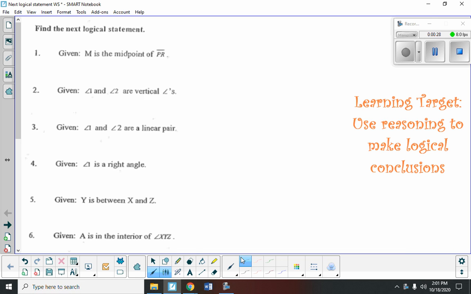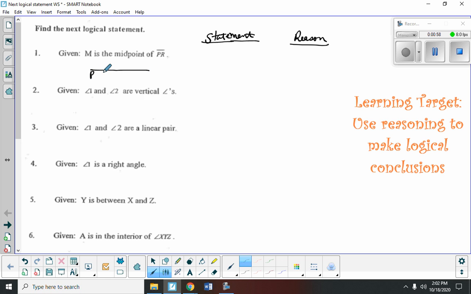So now let's say that you are given the statement that M is the midpoint of PR. What I'm going to do is make two columns here: a statement that you could make if you were given that, and what the reason for making that statement would be. So if M is the midpoint of PR, I would first draw a picture.